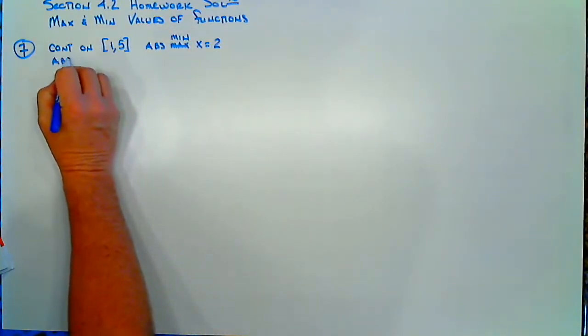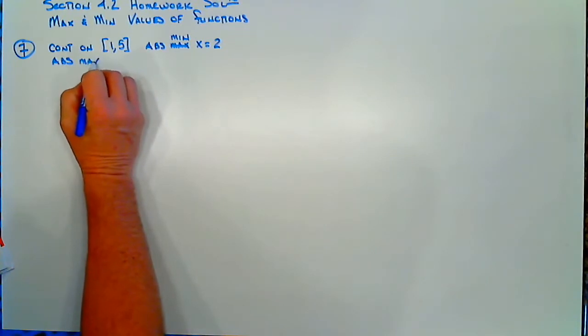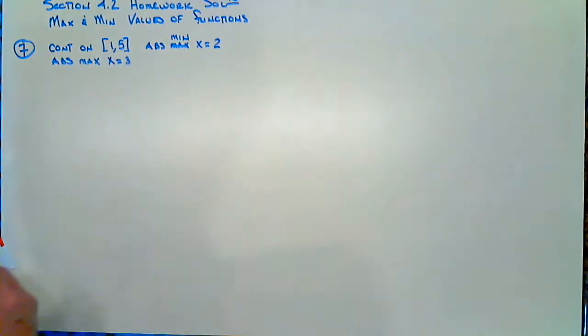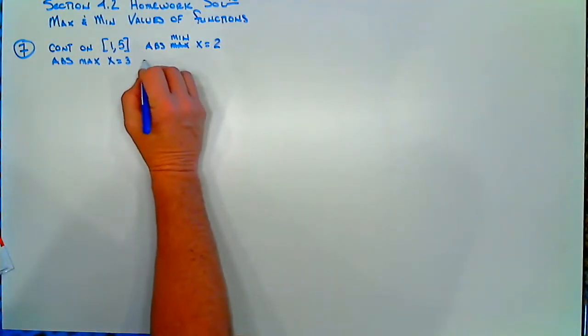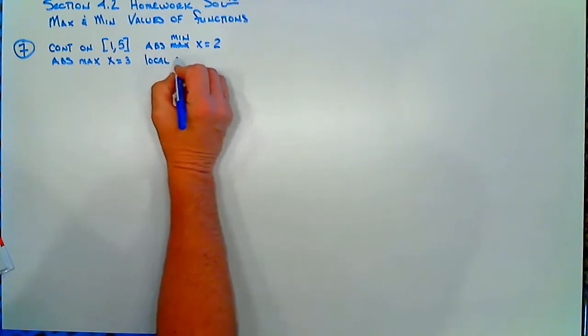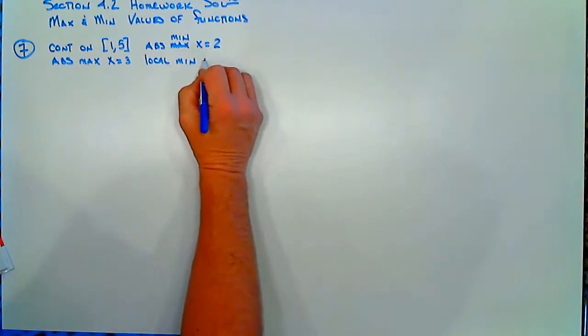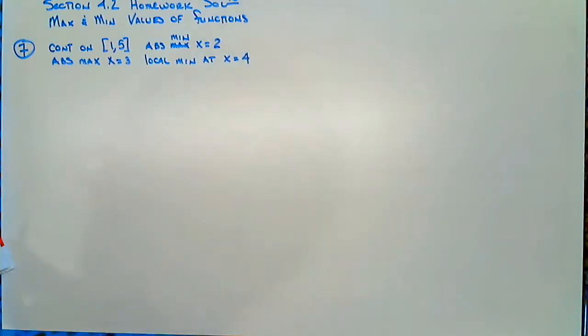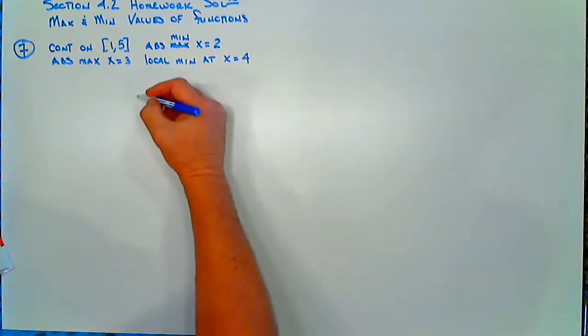We need an absolute max at x equals 3. And we need a local minimum at x equals 4. All right, so we need a graph that contains all of these.